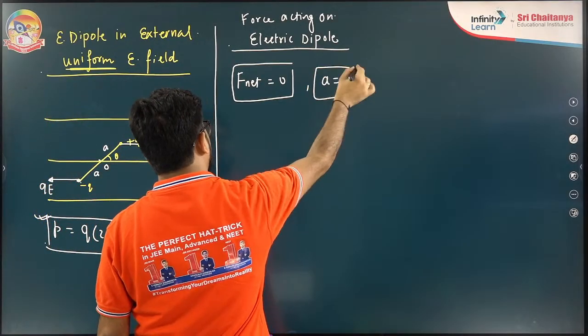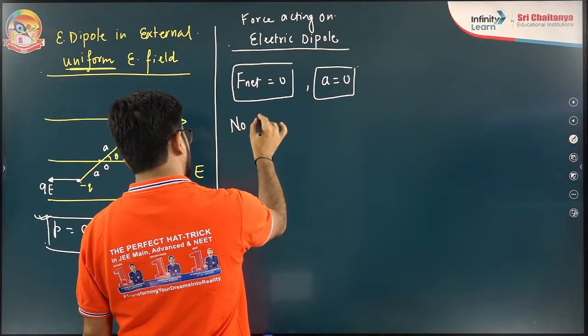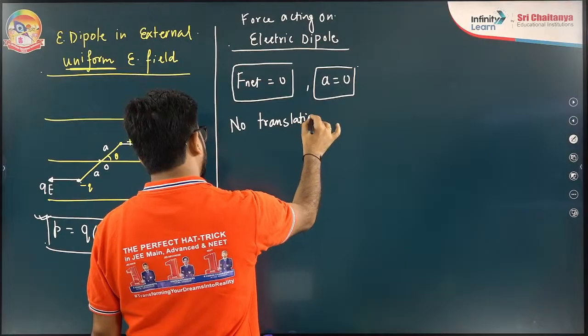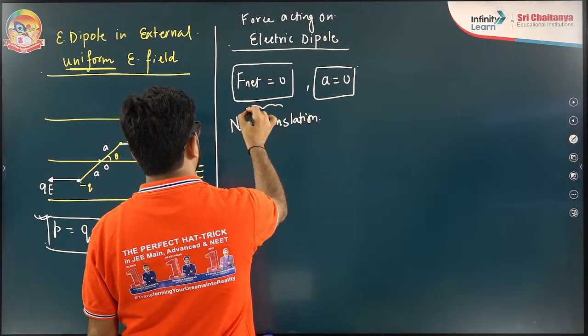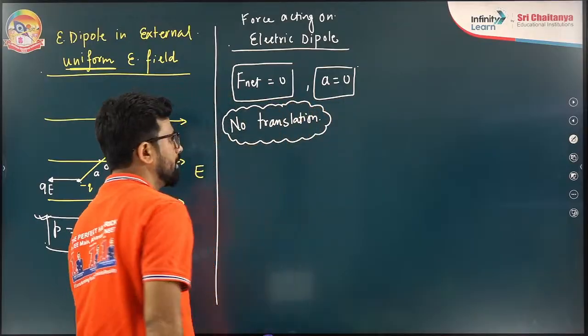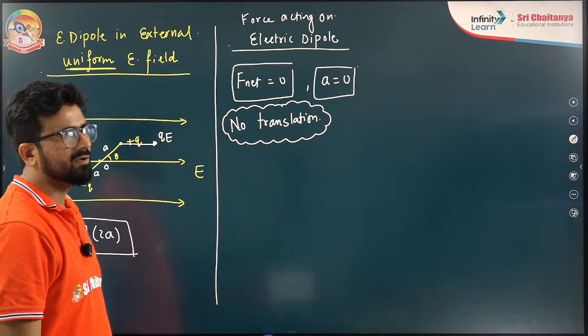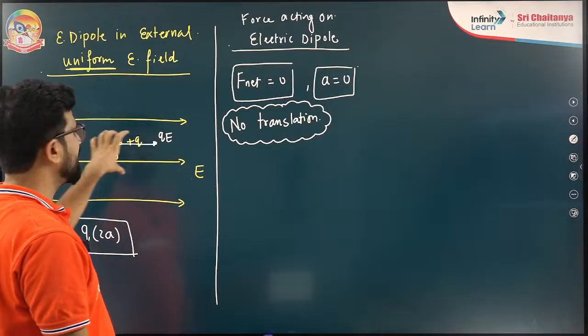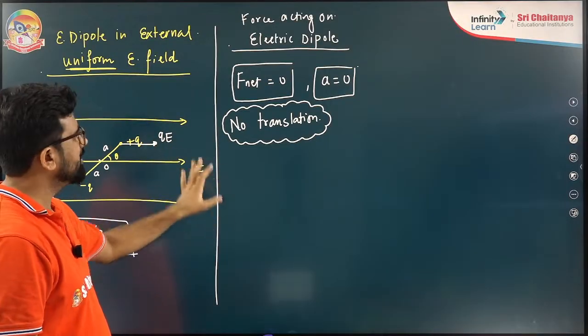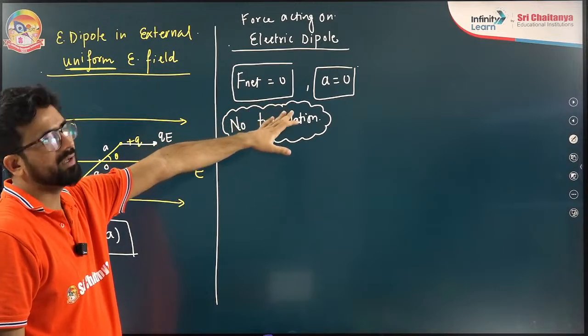Acceleration 0 means no translation. There is one very simple concept that you have to understand. If it is already moving with some speed, it will remain the same, because there is no force, which means no acceleration.